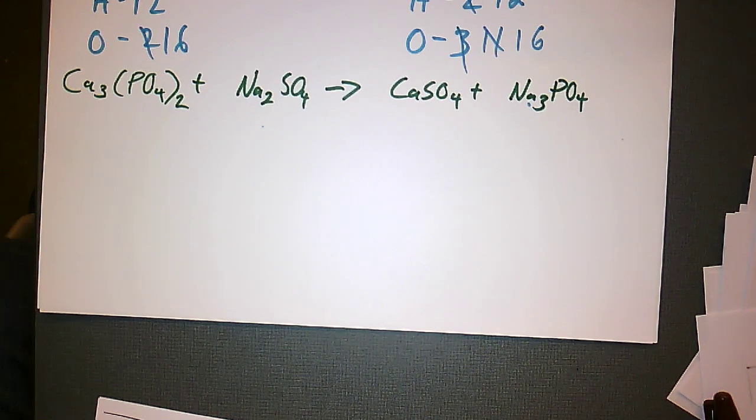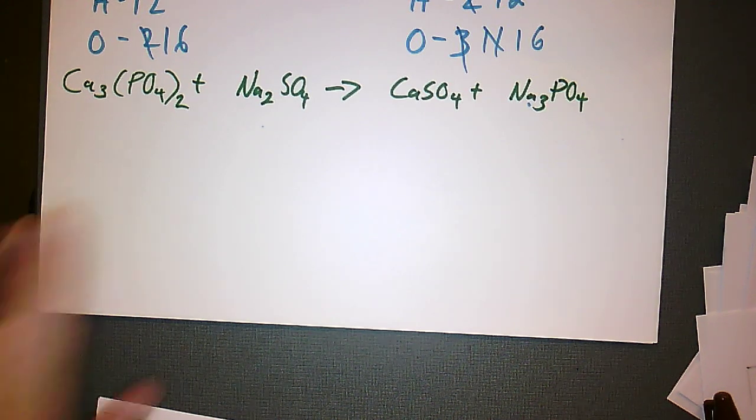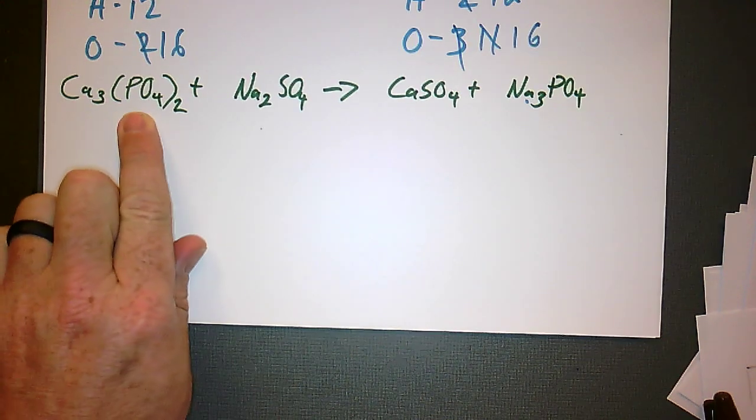Now, what do you think is going to be the hardest thing to balance in this whole deal? Everything. Yeah, the O's, right? Because O is everywhere. Okay, remember I told you to have your polyatomic ions out, right? Your polyatomic ion sheet. All right, here's a key thing. PO4 is a polyatomic ion.